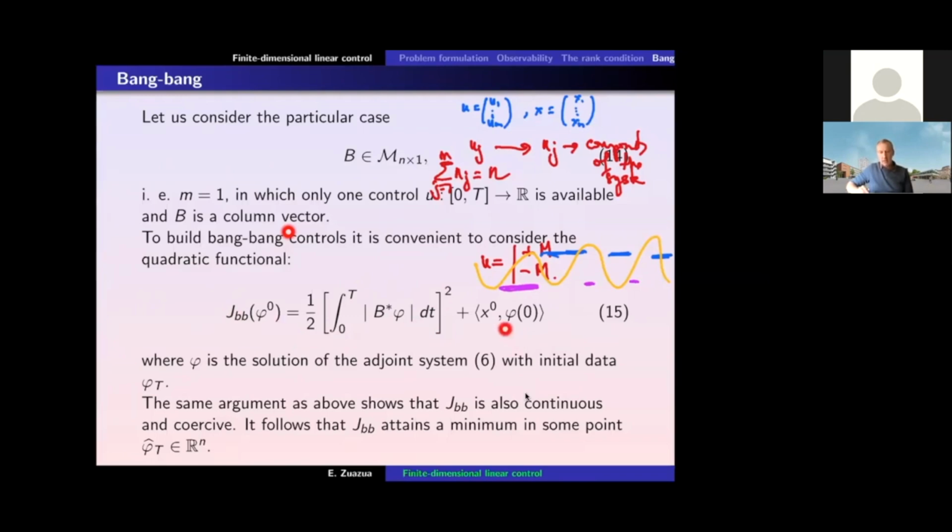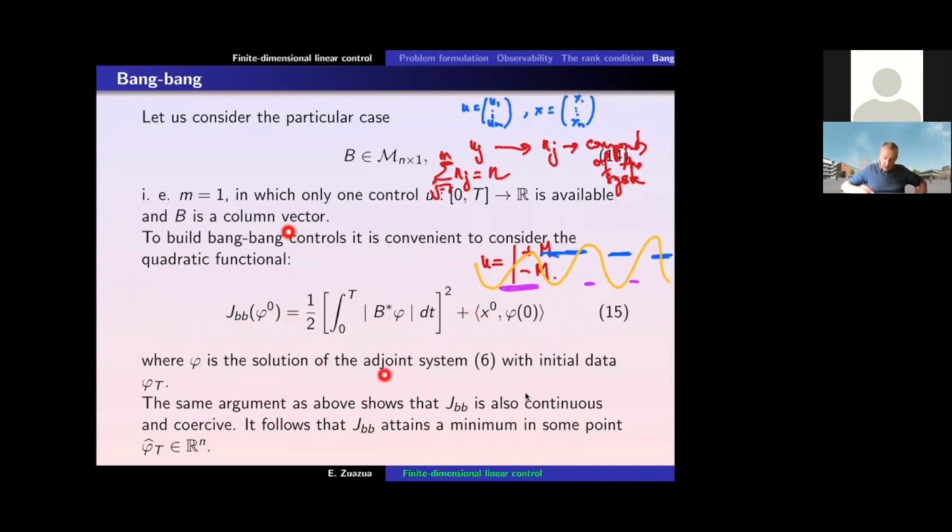Why is that? Well, if you ask me, does this functional have a minimizer? I tell you, yes, it has. Why? Because this is a continuous and convex functional in the Euclidean space R^n. In order to minimize this functional, the only thing I need is for this quadratic quantity to be coercive. And this quadratic quantity is coercive, right?